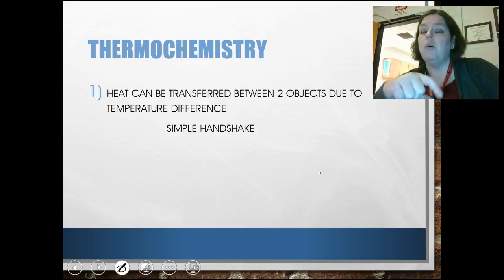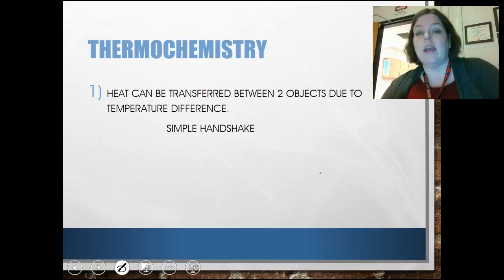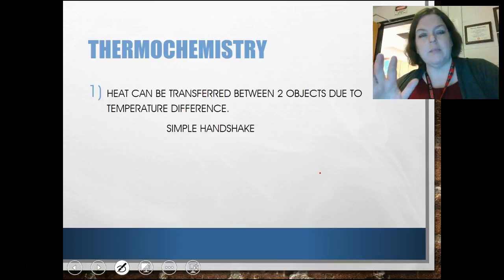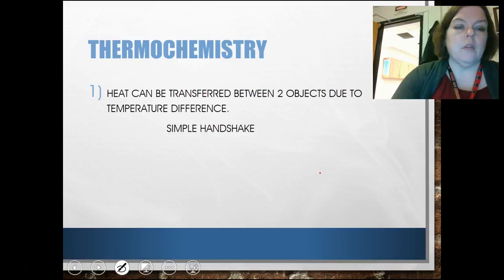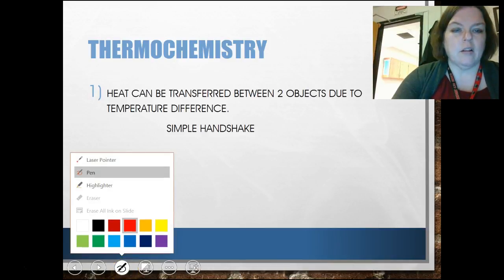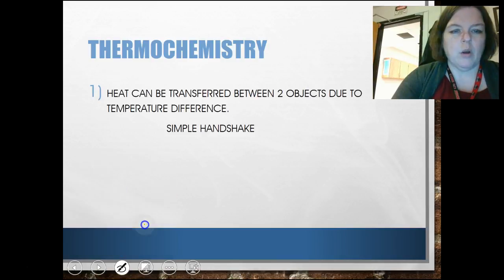But we know from the activity that we did today that heat is transferred between two objects. So Gerard and I spend a lot of time with this because Gerard, let's see if I can find a nice color for him. I don't have a color for him, so I'm going to make him gold. Okay, Gerard's hand.